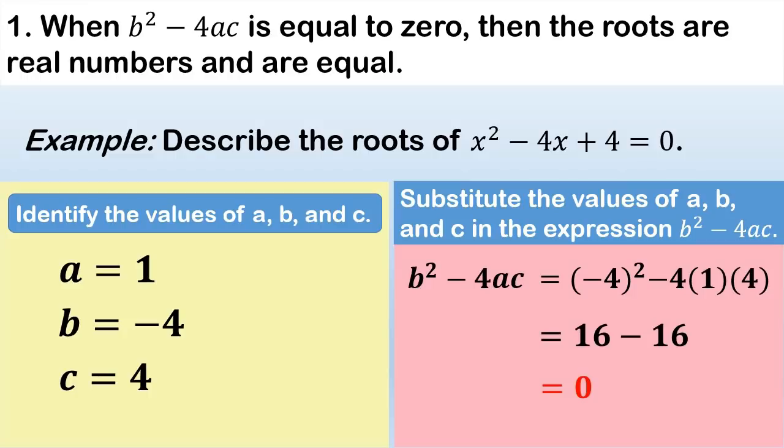Sabi natin, if the discriminant is equal to 0, the roots are real numbers and are equal. Ibig sabihin, ang possible na makuha nating roots sa given equation is real numbers and equal. It means parehas. Magkaparehas.